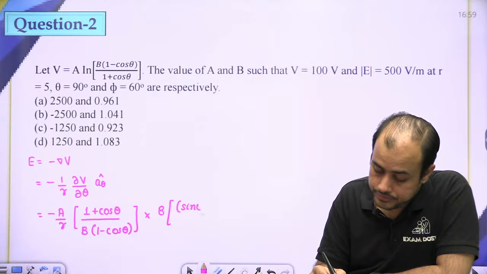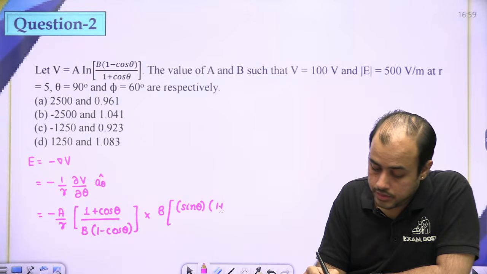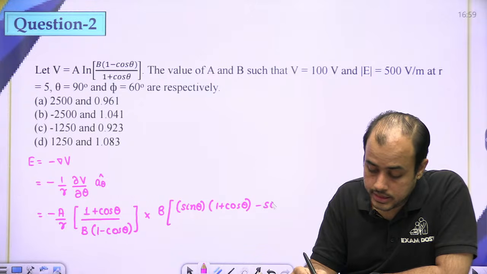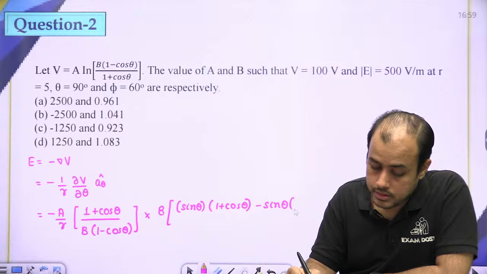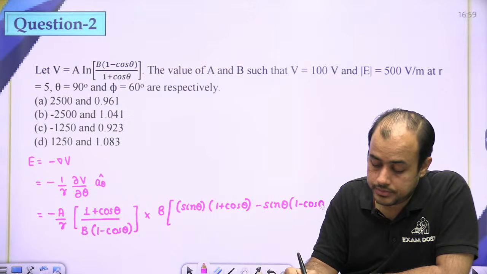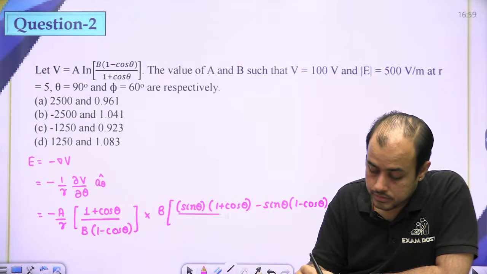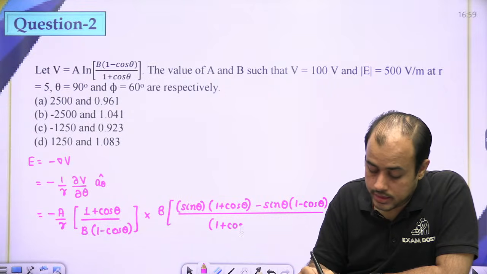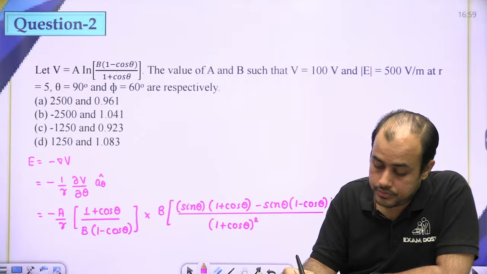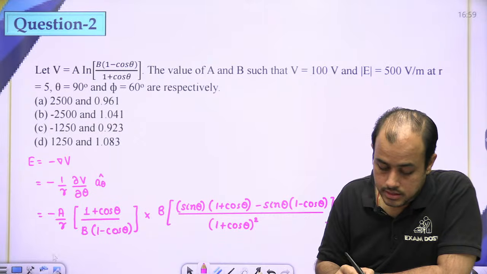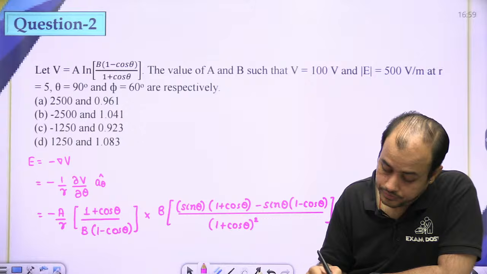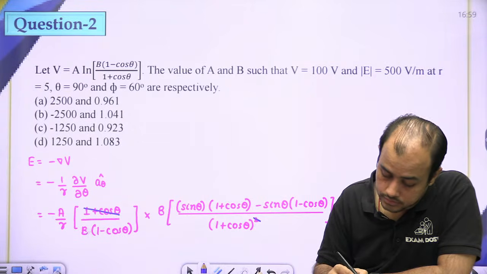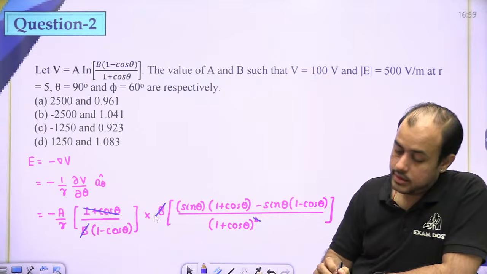sin theta, 1 plus cos theta, minus sin theta, 1 minus cos theta, over 1 plus cos theta whole squared. Okay, some terms will be cancelled.